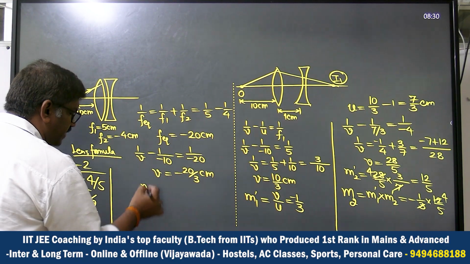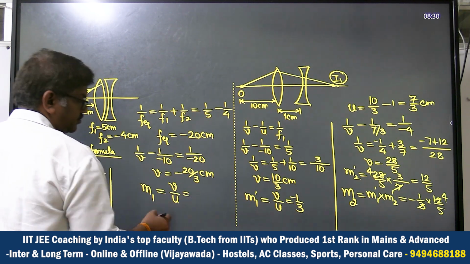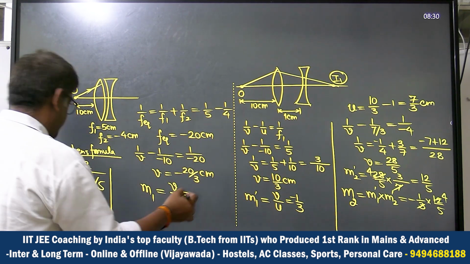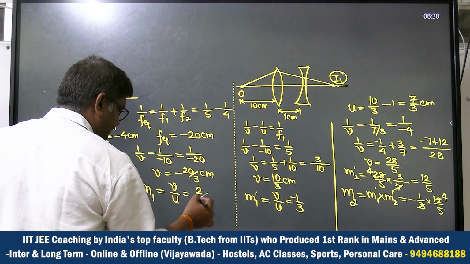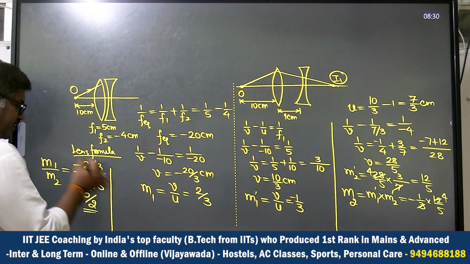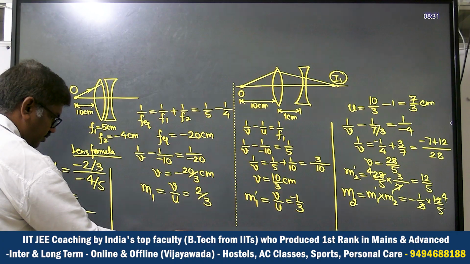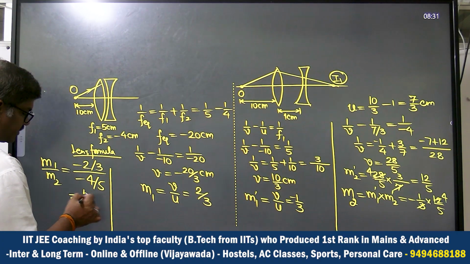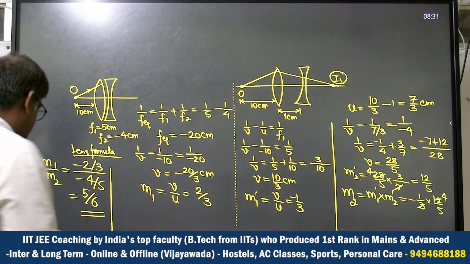Alright, and that is why M1 becomes V by U, which gives you V by U as 20 by 3 by 10. That means this is coming as 2 by 3. So when it is 2 by 3, then clearly your answer turns out to be 5 by 6, which is the right answer for this question.